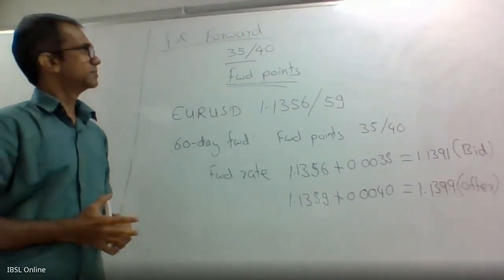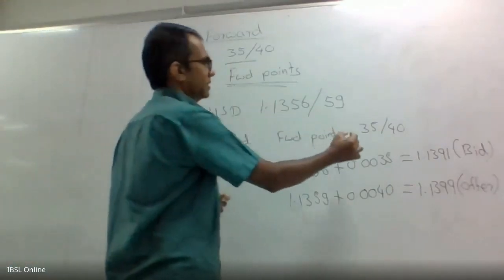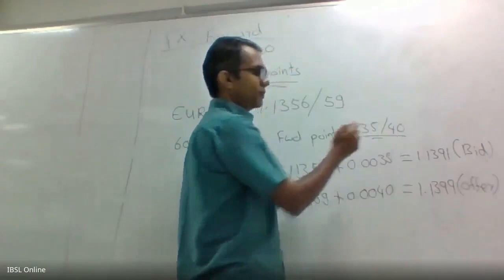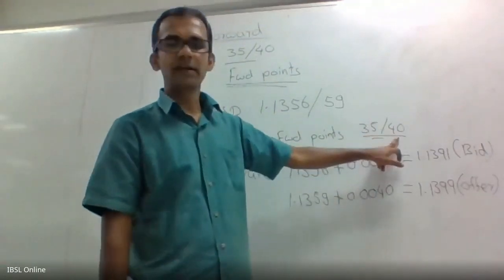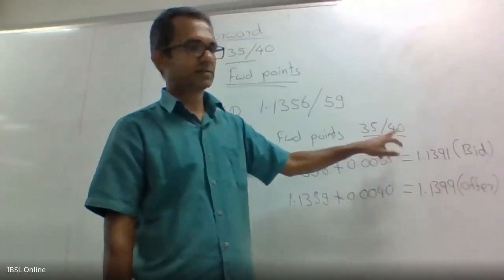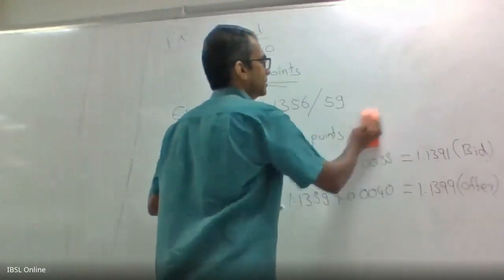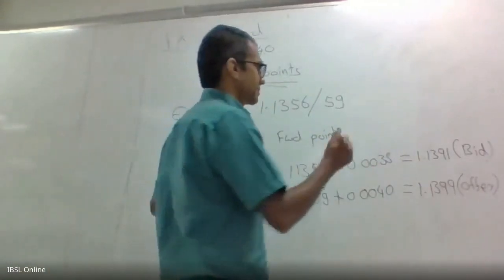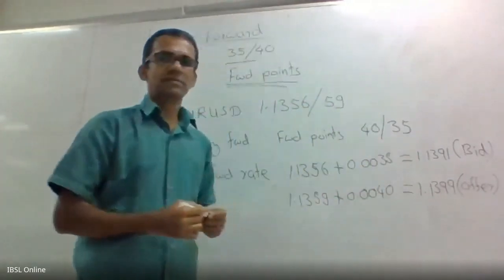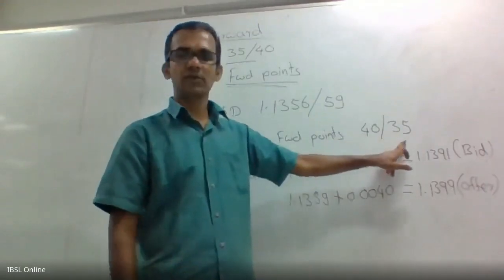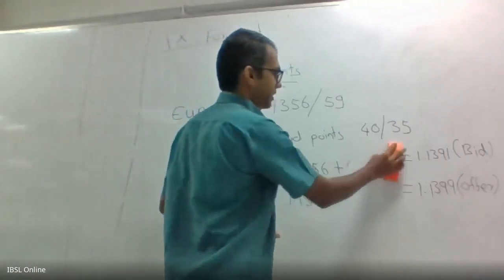Okay. This is applicable when the forward points are like this, 35, 40. We follow the general rule, lower bid and higher offer price. But in the forward markets, you might see forward points like this, 40, 35. Bid is higher than the offer. What does it mean?